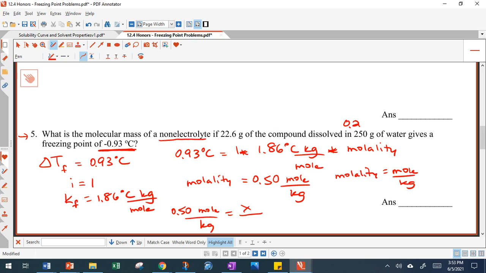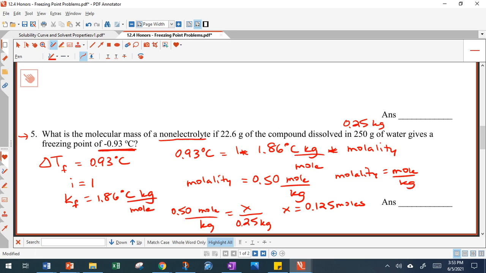So this will be 0.25 kilograms. So we have that. So if we do that, 0.5 times 0.25, we get X. Our moles is equal to 0.125 moles.